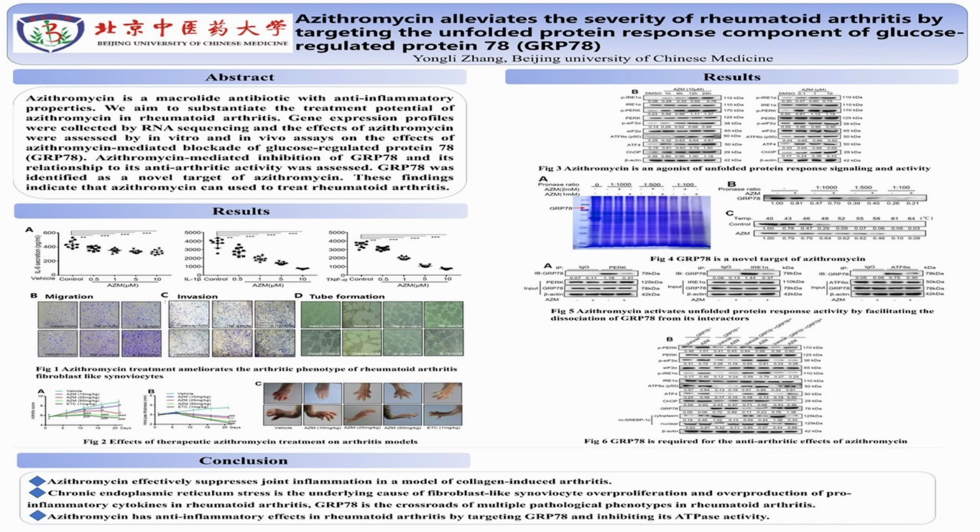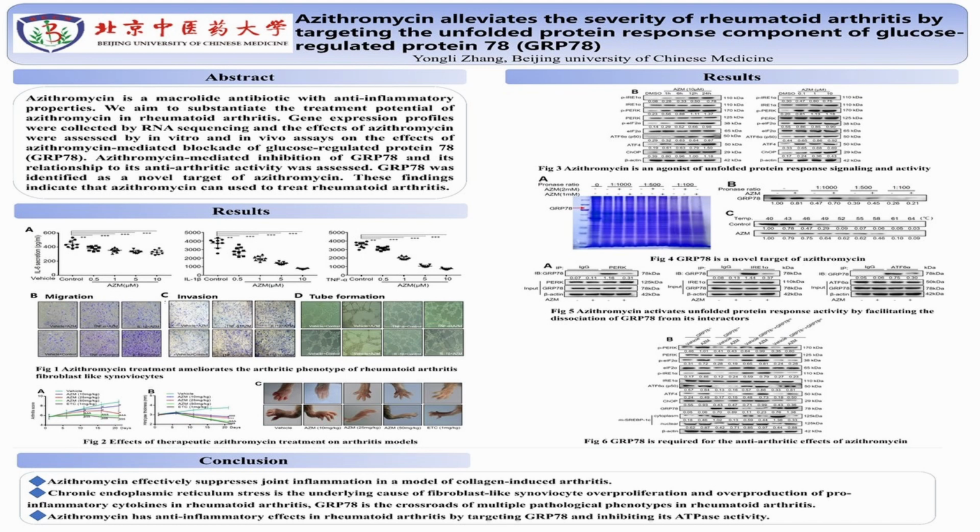The fourth part is devoted to discussing the overall study. In this study, we found that azithromycin effectively suppressed principal indices of arthritis in the collagen-induced arthritis model, as evidenced by the decreases in joint swelling, articular cartilage and bone destruction, deformity, and synovitis.